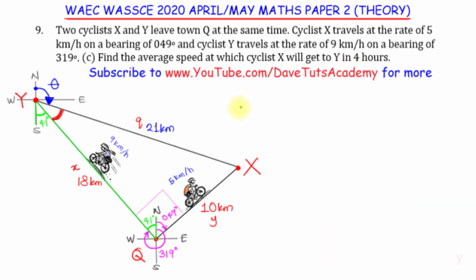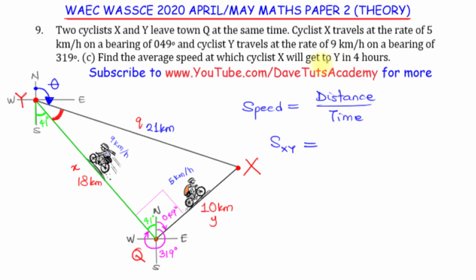If you recall, initially we said our speed is nothing but distance over time. So that time we have been given to be 4 hours.